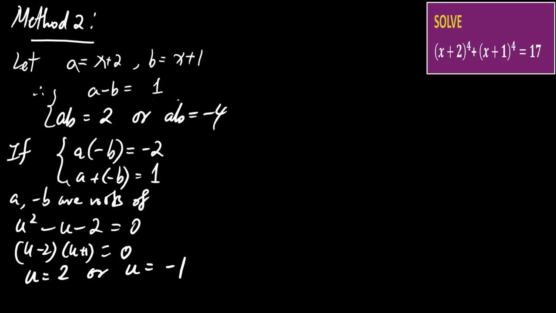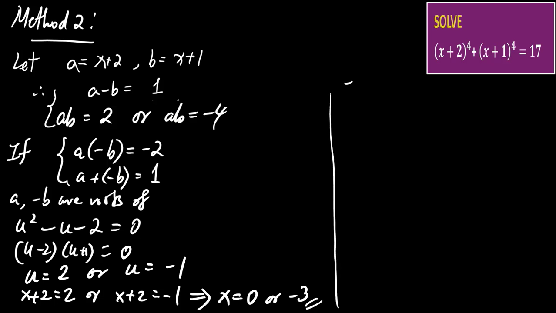So a equals 2 or a equals negative 1. Since a equals x plus 2, x plus 2 equals 2 or x plus 2 equals negative 1, meaning that x equals 0 or x equals negative 3. And this is what we have just now.